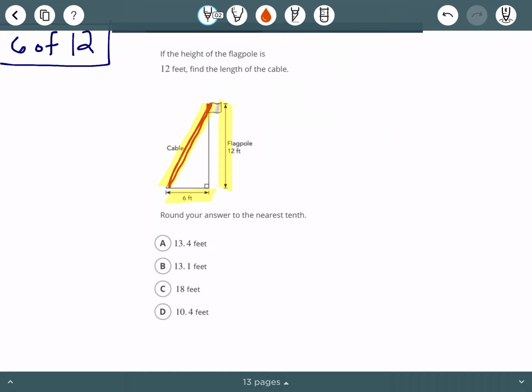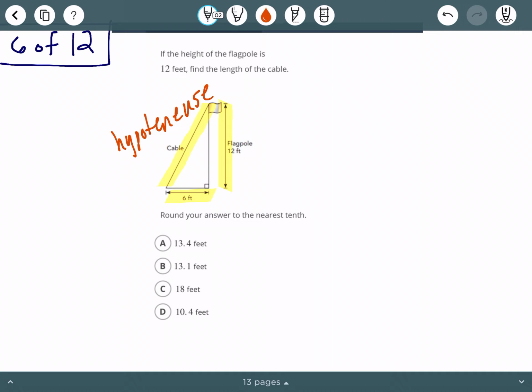So I will tell you, remember that this cable that we have right here is the longest side. That is the hypotenuse. So I will write it here, if that helps. Now, based on what we know about the hypotenuse and the legs of the triangles, you should be able to plug this into the Pythagorean theorem and be good to go.